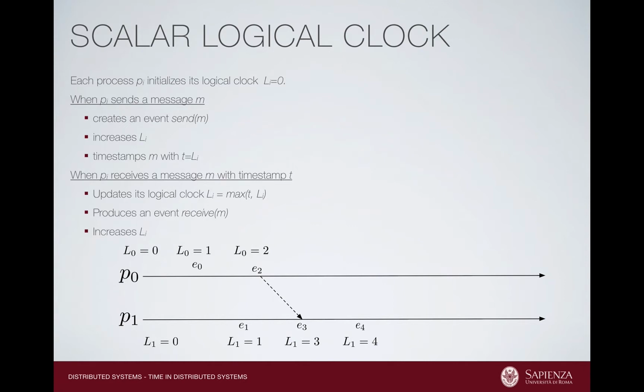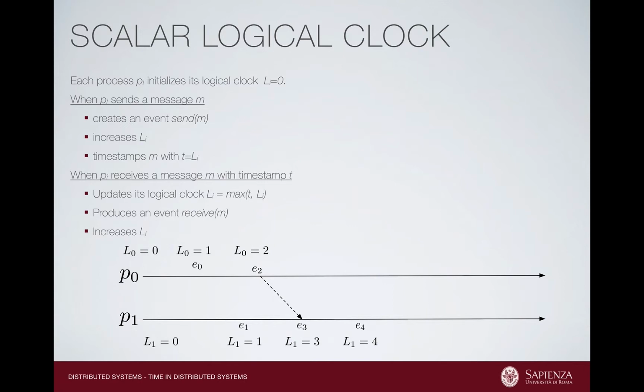Let's assume that we have two processes, P0 and P1, and we also have other processes in the system, which I'm not drawing. Each process at the beginning creates a logical clock with value 0. Then every time you send something, you increase your logical clock by 1, and you attach this timestamp to your message.